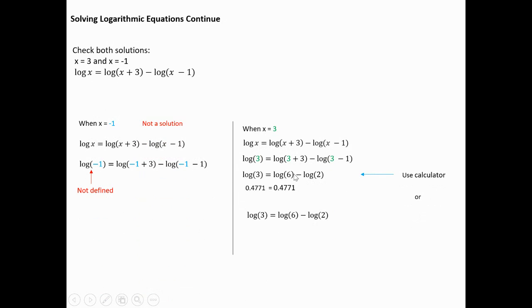The left-hand side is okay because it's only log of 3. On the right side, you can apply the quotient property. When you have log of 6 minus log of 2, you condense it as a single log, and the first value will be your numerator and the second value your denominator. So 6 divided by 2 is 3. So log of 3 equals log of 3. So I know that 3 is a solution.